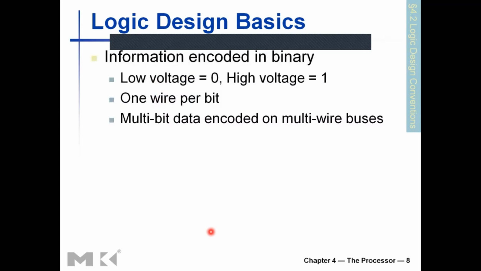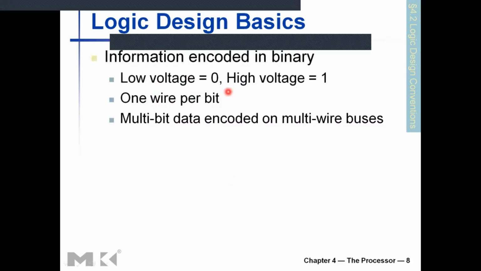So as you have learned in the previous course and even before that, in digital electronics, we encode information in binary. Low voltage is 0, high voltage is 1, logic 0 and logic 1. And when you have signals with multiple bits, you need one wire per bit, right?